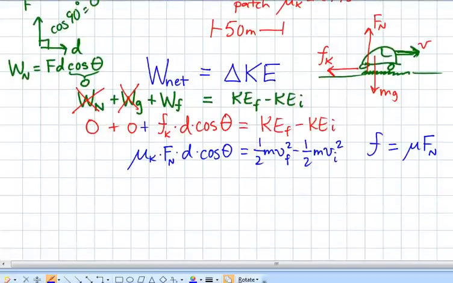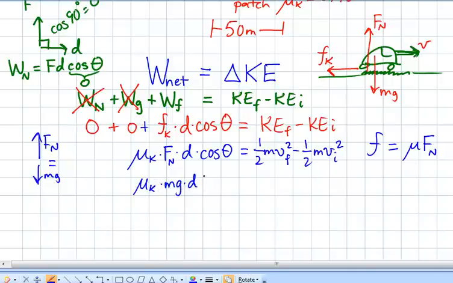Okay, now also remember that the car is just moving to the right. It's not accelerating up or down, so that means that the normal force and gravity are going to be equal in magnitude. So mu times mg times the distance.